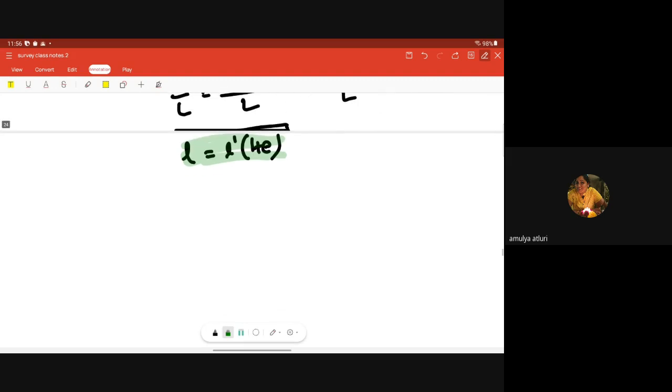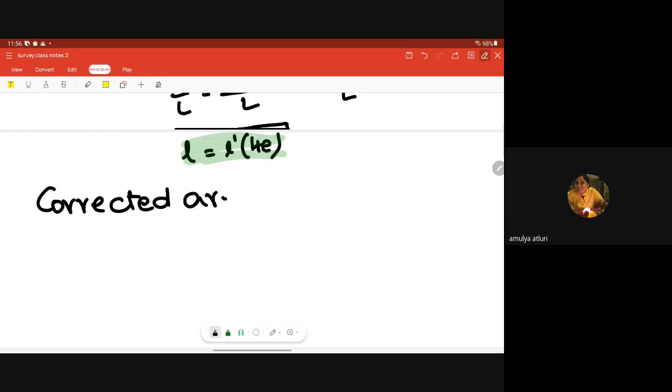So next is corrected area. Corrected area A is nothing but A dash into L dash by L whole square.